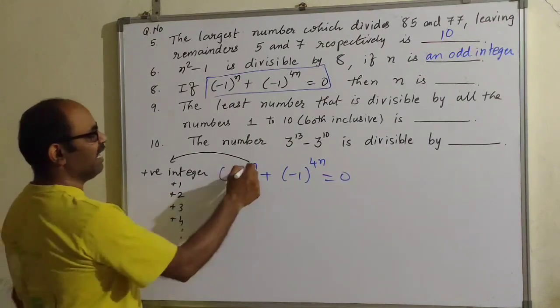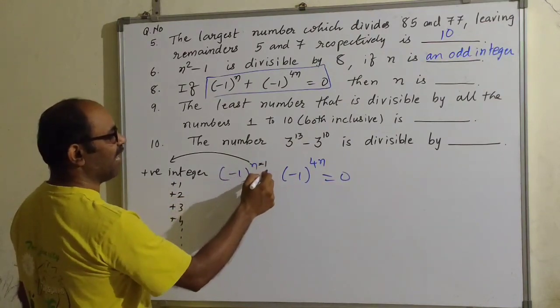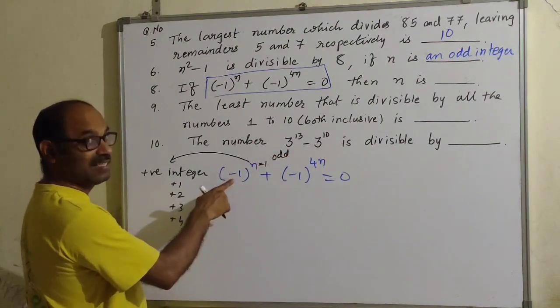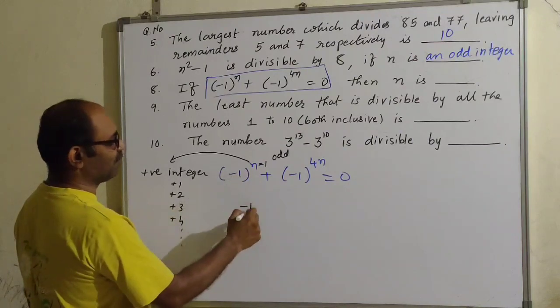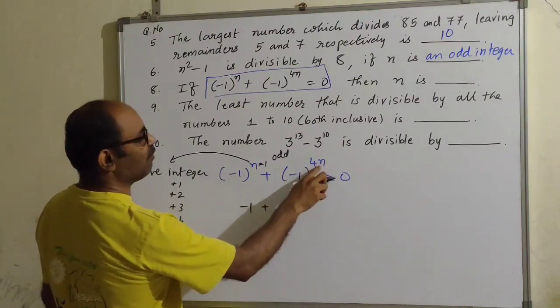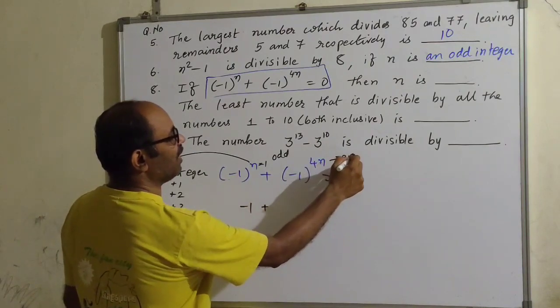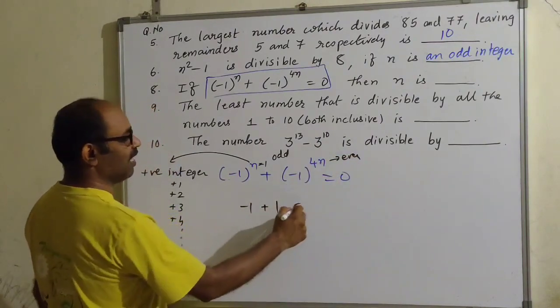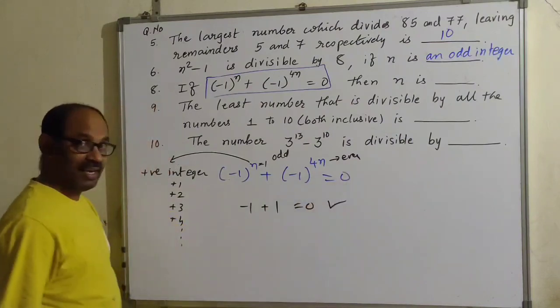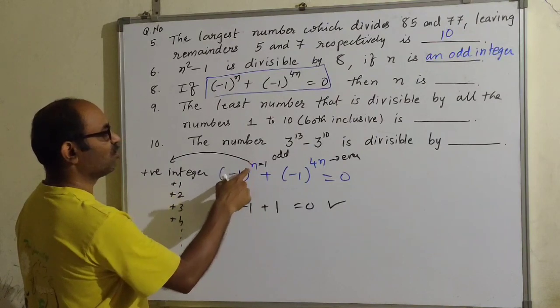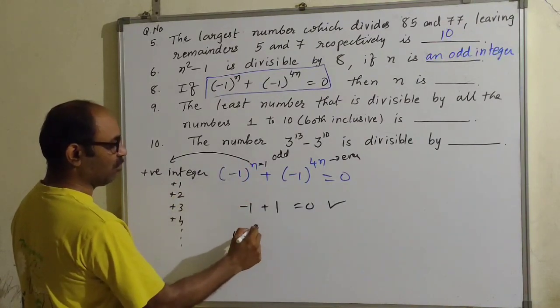Children, if I take n equal to 1, it is odd, so the value will be negative because the base is negative. It is minus 1. Then 4 ones are 4, so the index would be 4 and it is even, so the value will be positive. So that is equal to 0. Okay, correct. If I take n equal to 2, it will be minus 1 raised to 2.